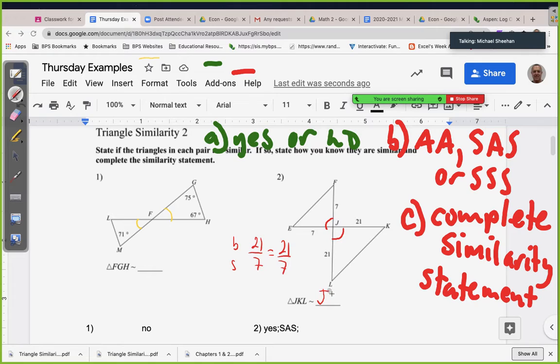So it doesn't matter. I can say JFE, or I can say JEF. It doesn't really matter. I'm going to pick one. I'm going to say JFE.